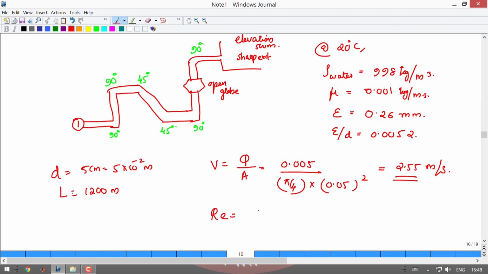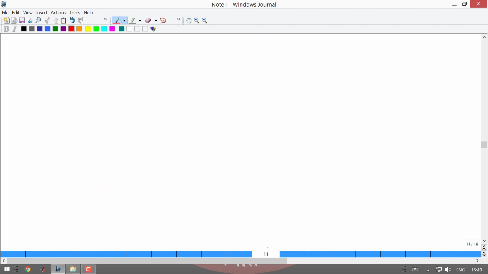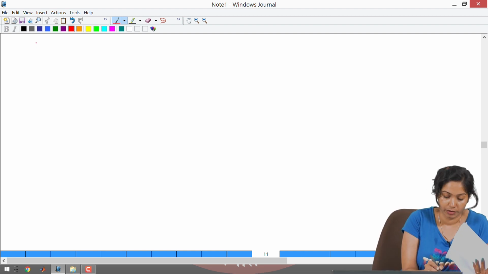Reynolds number equals d V rho by mu, so it will be 0.05 into 2.55 into density 998 divided by 0.001. From the Moody chart we can get the friction factor. You have to calculate that.